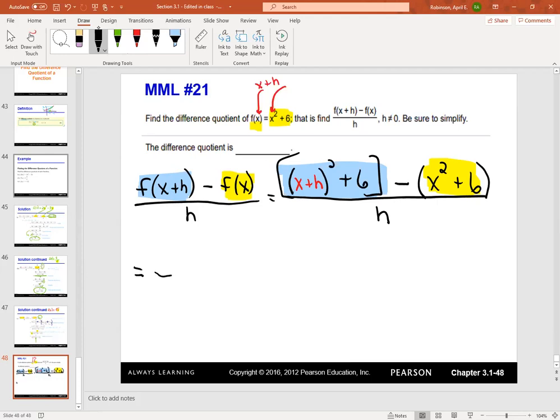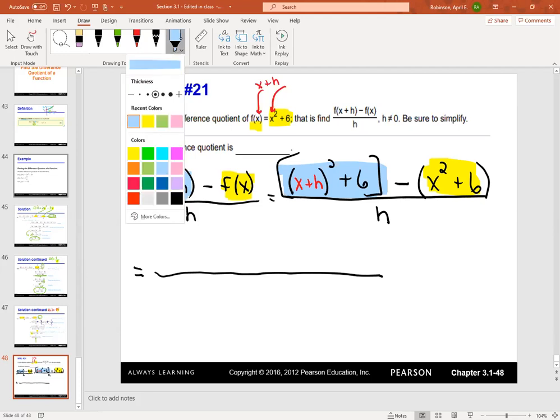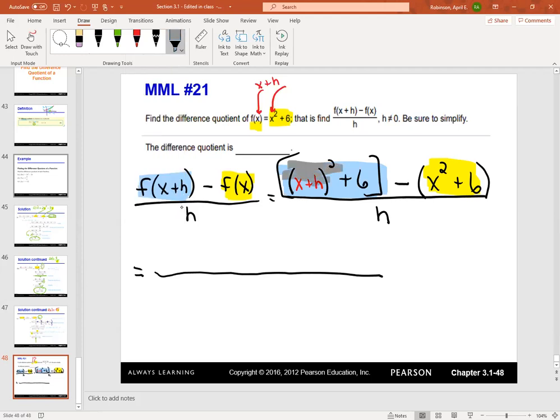Now that's the initial step of substitution into the difference quotient. And now I have to do my simplifying, and I am going to start by simplifying. What would be a good color to put on top of this? Maybe dark gray. I'm going to do this part right here. I'm going to take the x plus h and square that.